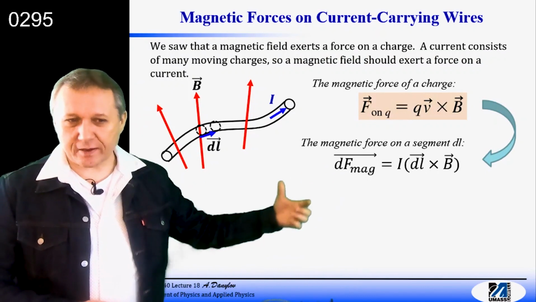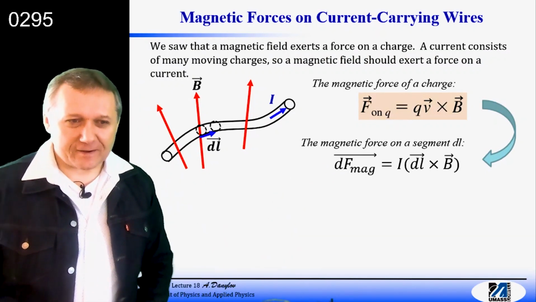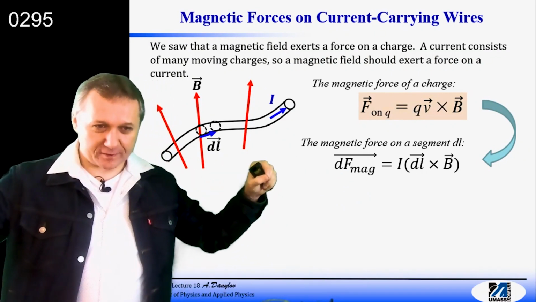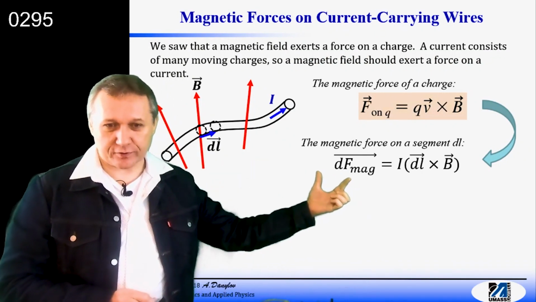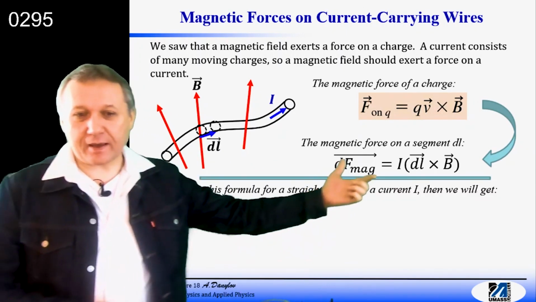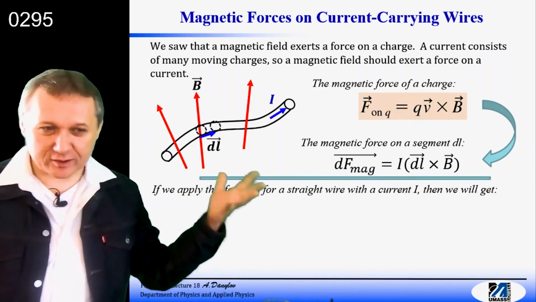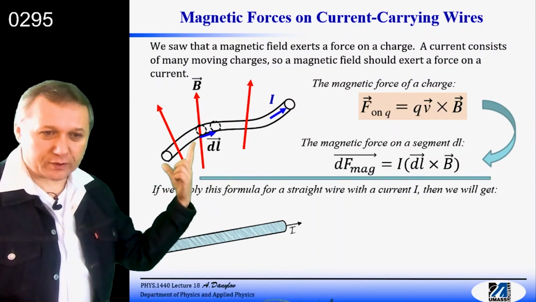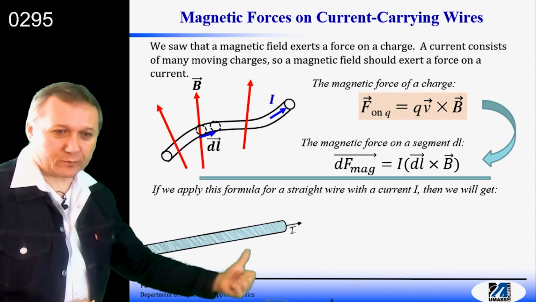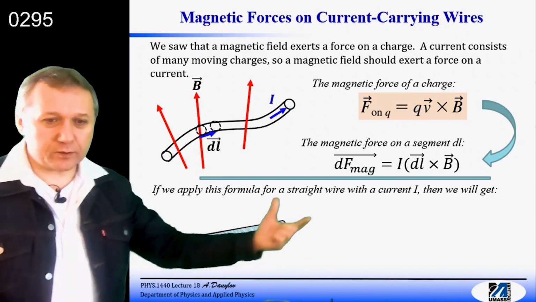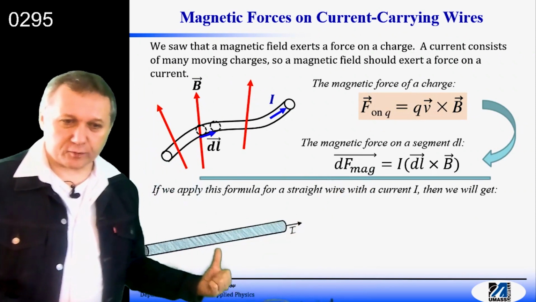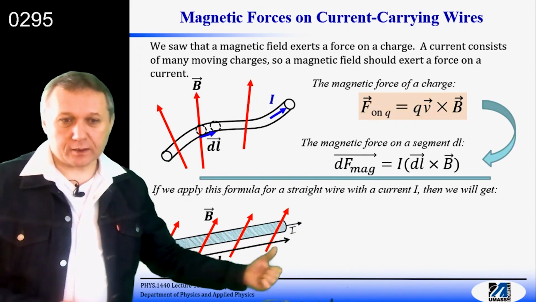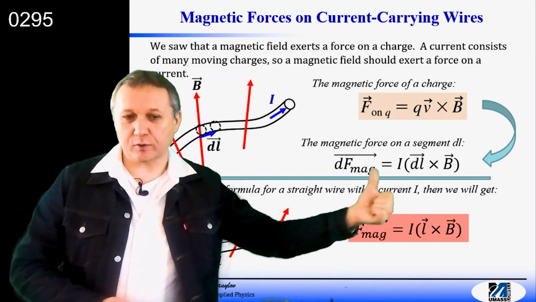But we're not going to use this formula most of the time. If you apply this formula for a straight wire of some length L exposed to the magnetic field, let's say you have a straight wire, not a bent wire, with current I, you can easily move from this formula to the formula for this case. The formula will be exactly the same, but now you just don't have d's.